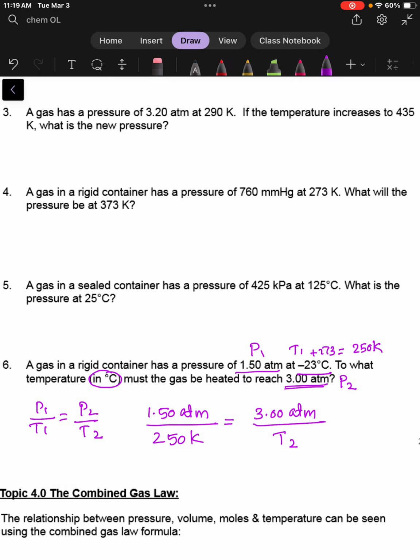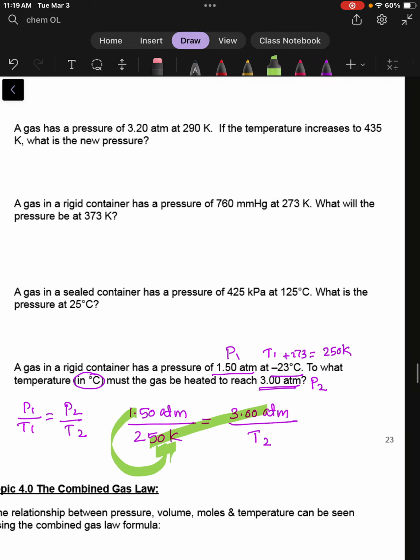Okay, now calculate it. When you calculate it, you are multiplying these two, then divide with this, or you can just do 1.5 and 3, it is 2 times 250, like that you can do it. So then you will get your answer.